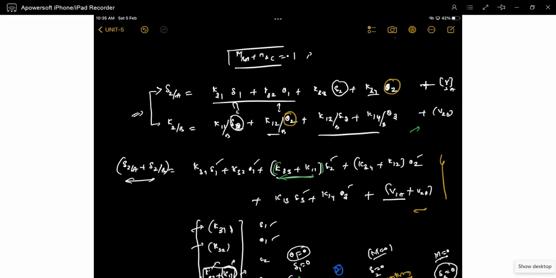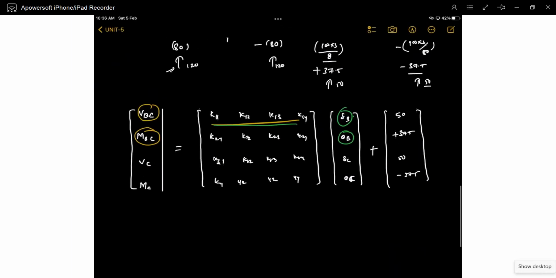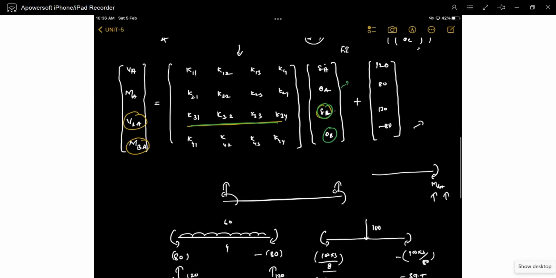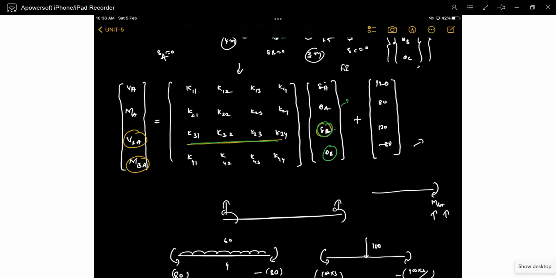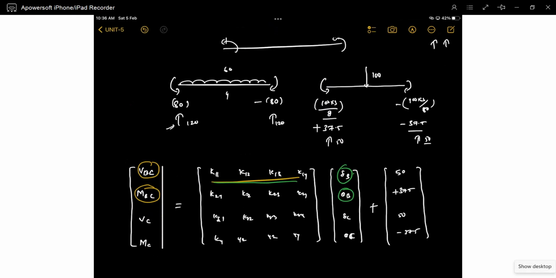Otherwise you can directly see: k33 multiplies with this factor, and k11 multiplies with this factor. Both you have to add, because delta B is the same. It is the same for every problem, so don't get confused, there is no different complexity.